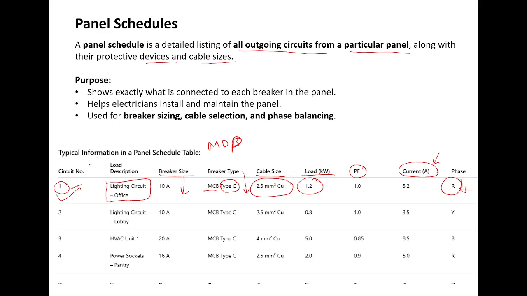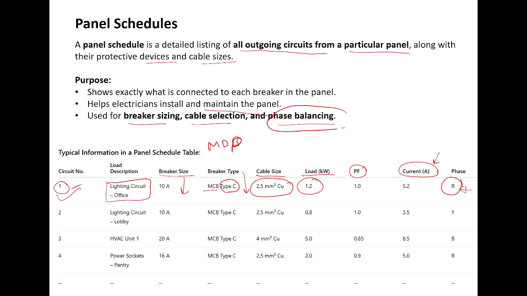So these are the two schedules. As an electrical design engineer, you are responsible for creating these, because they are very important during installation, as they help electricians install, and after installation, during operation, they help maintain the panel. They are used for breaker size, cable size selection, and phase balancing.